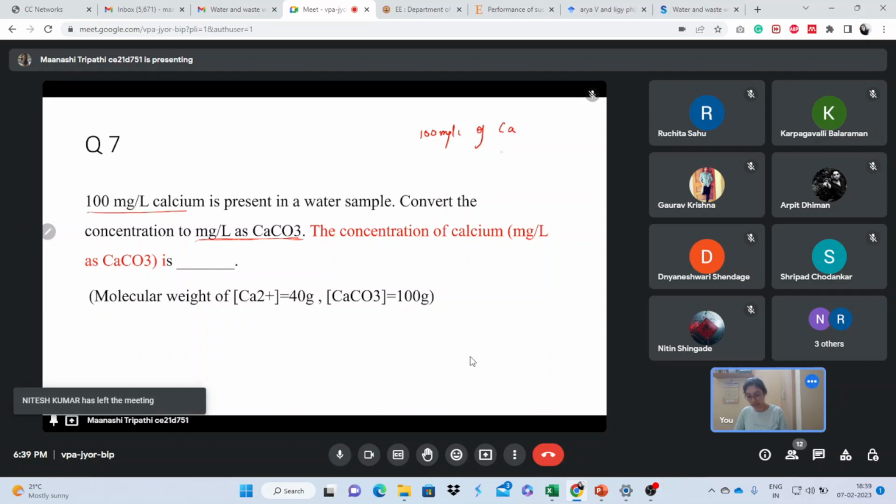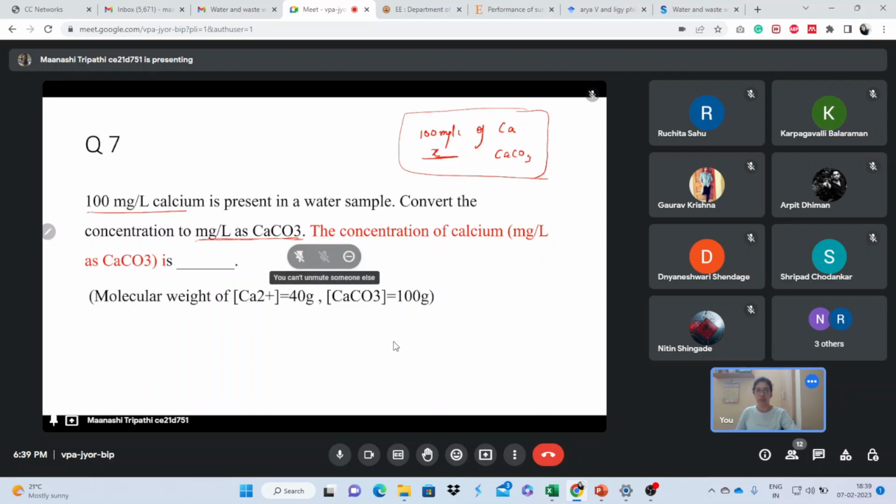We want it in terms of CaCO3, calcium carbonate. Let's assume this is X. So what will be this X? I'll give you 2 minutes to solve this question. It's very easy. Please try, answer in the chat box, or you can say the answer also. Then we'll see the solution.